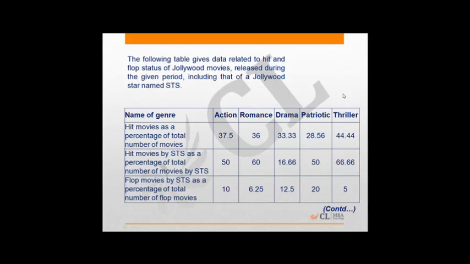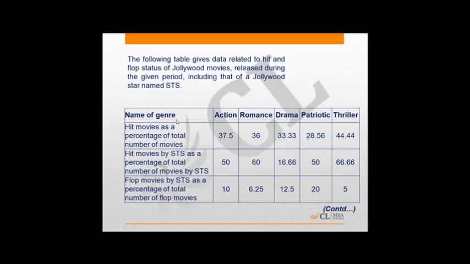Action movies were 37.5% of total movies. 37.5% in fraction would be 3 by 8. 192 into 3 by 8 would give me 72. So if I have 72 hit movies, that means 192 minus 72, that is 120, will be flop movies.